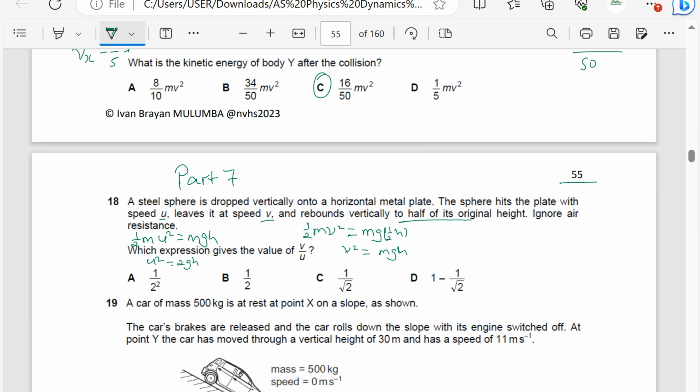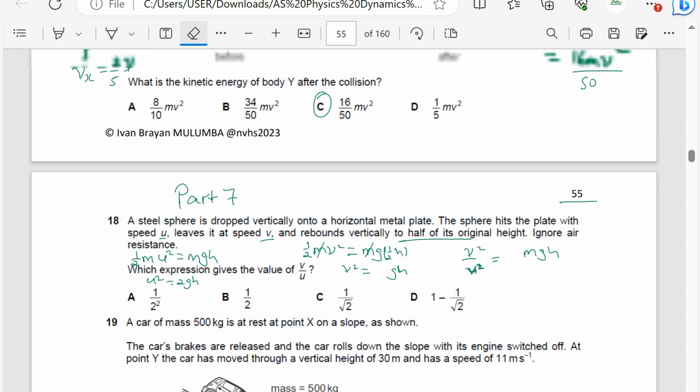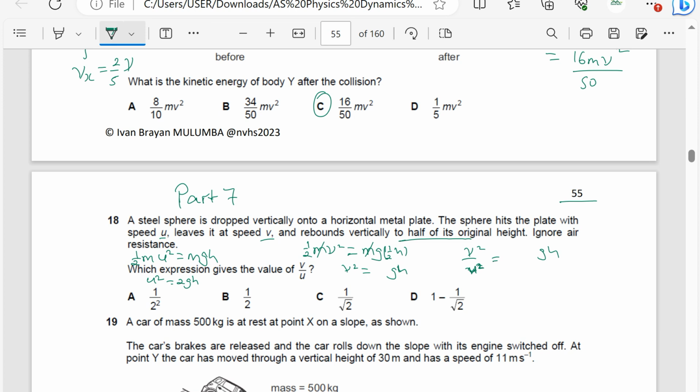Okay, so for the ratio of v over u, I'm just going to divide these two. So v squared divided by u squared is going to be equal to mgh over... sorry, m cancels, so it is gh divided by twice gh.